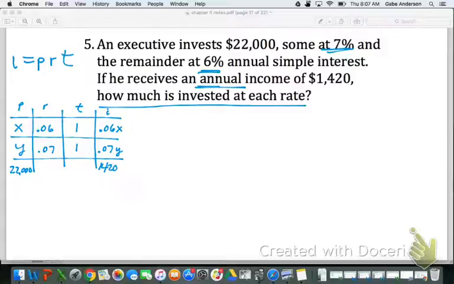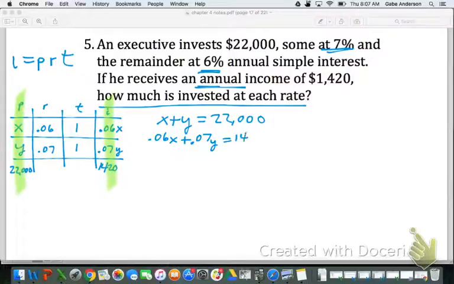First equation is coming from this: X plus Y equals 22,000. Second equation coming from here. That would be 0.06x plus 0.07y equals 1,420.